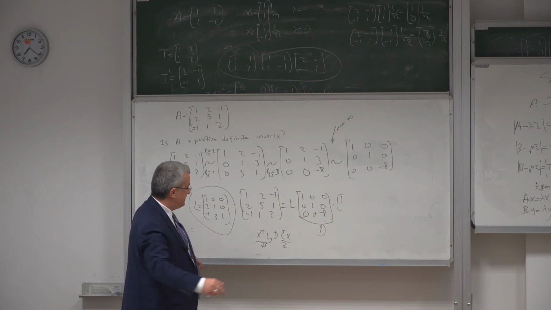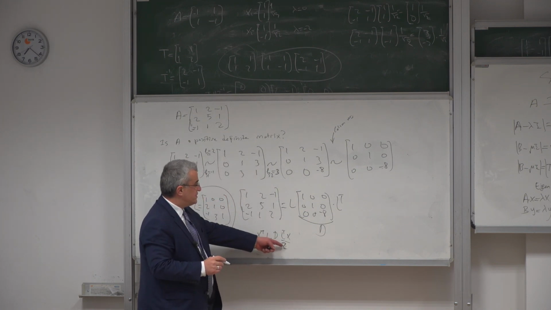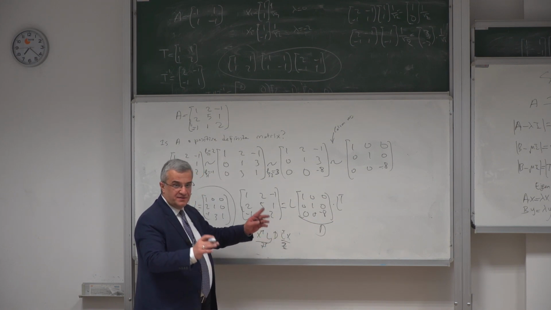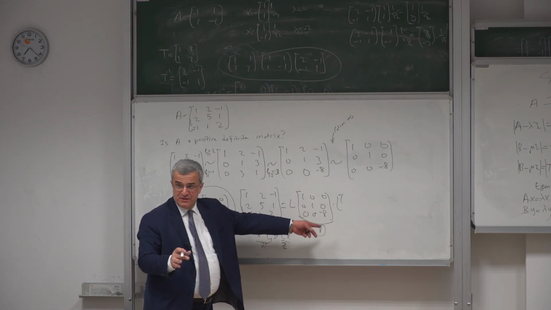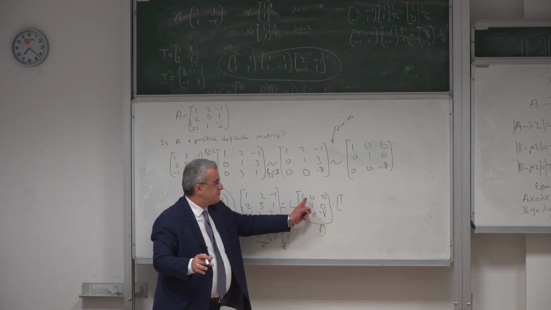Okay, so this is like that Hermitian matrix case, right? These are not eigenvalues, by the way. But the only way this can be negative is if any one of these is negative.